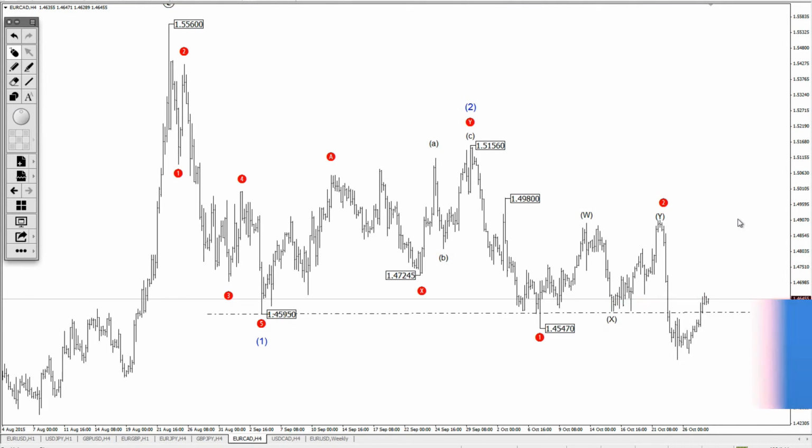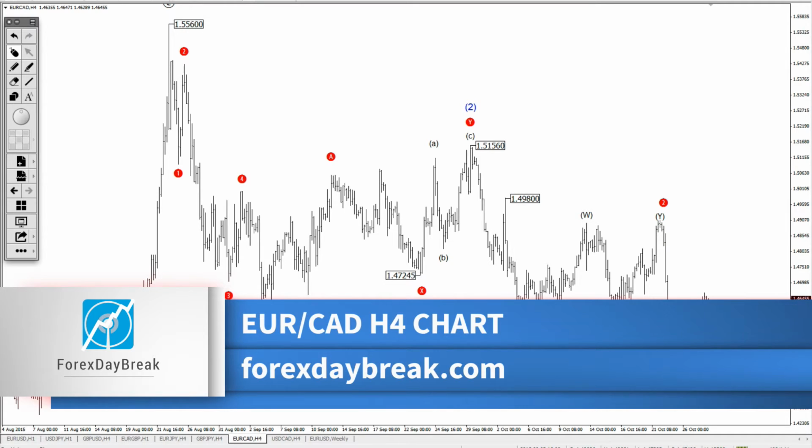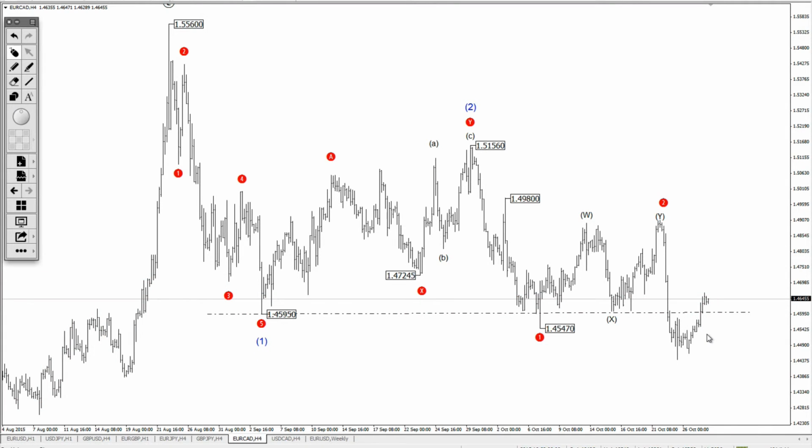If we take a look at the 4 hour chart, we can see that on 3 occasions this strong support has held, but now it wasn't much of a resistance level for yesterday's upwards move. So this wave structure has gone a little bit unclear, so no trading opportunities in Euro Canadian dollar in my opinion.